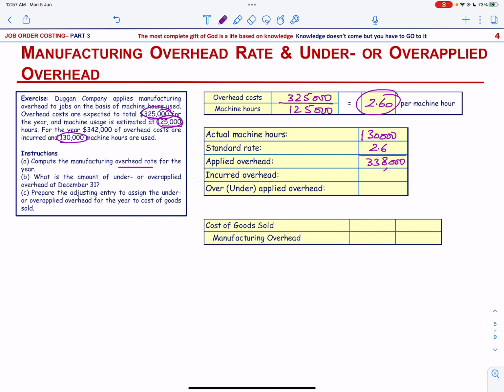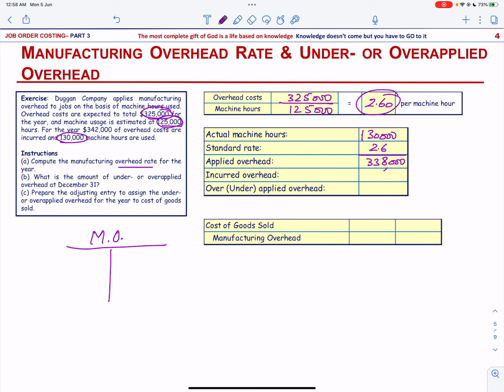Now before we go further, I would like to talk a bit more about the manufacturing overhead and under applied and over applied overhead. Now companies prepare financial statements that present aggregate data on all jobs manufactured and sold.